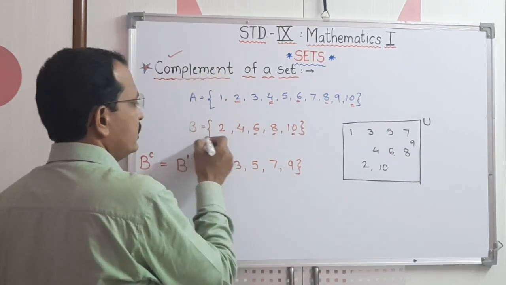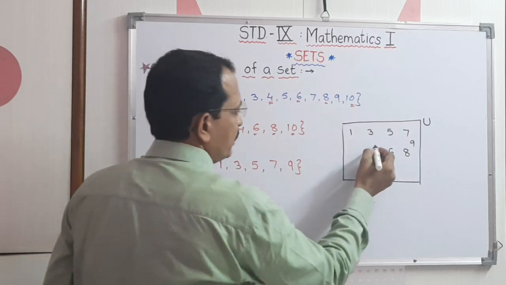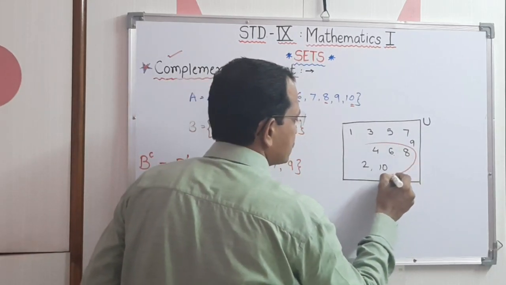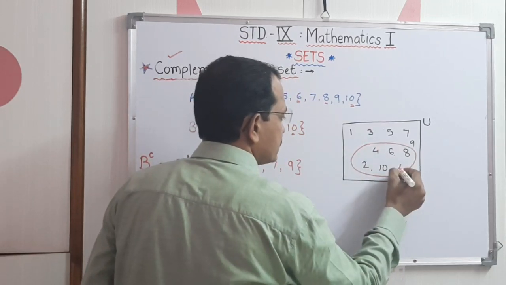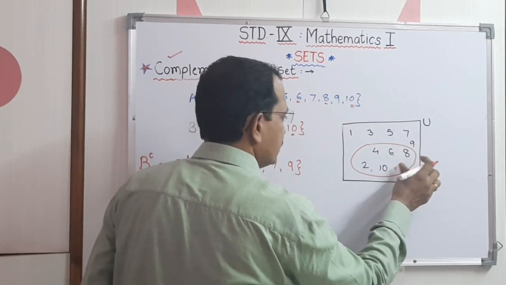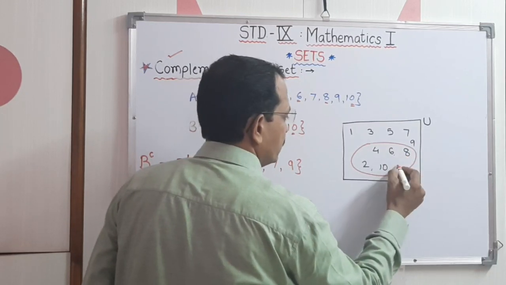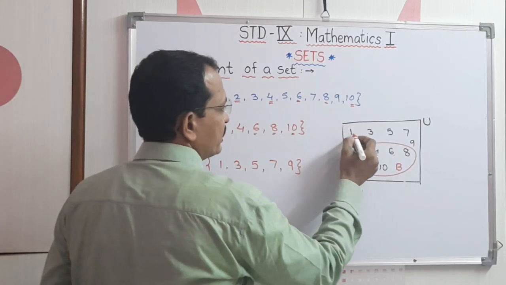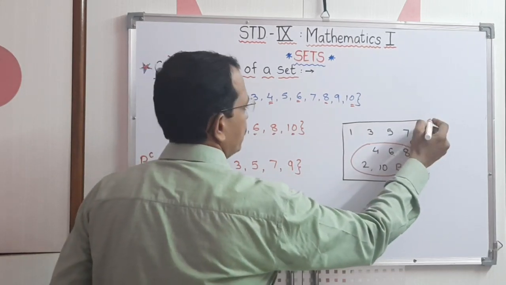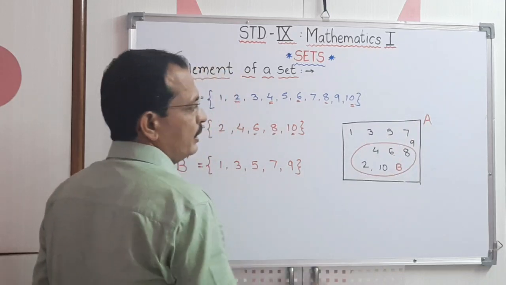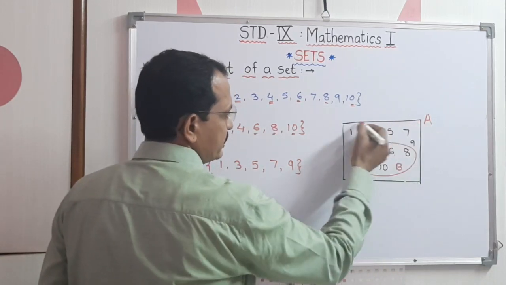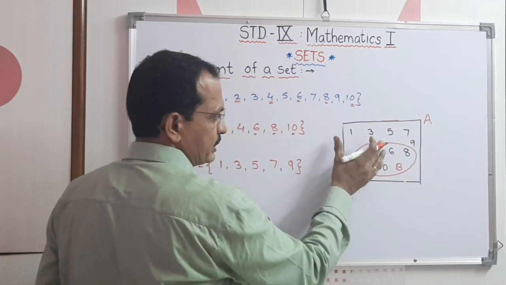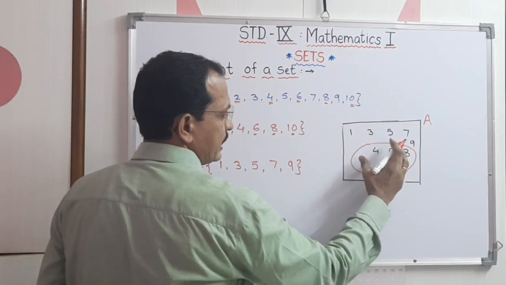In this case see the elements of B. This B is denoted like this. This is set B, and the remaining elements from here we write with A. Then in this case this is the set A which contains all these elements, and this is set B.